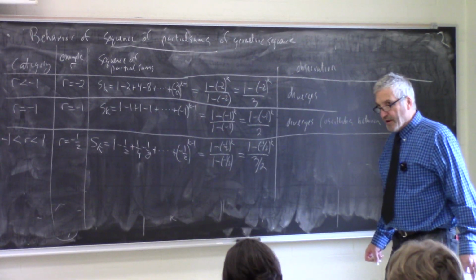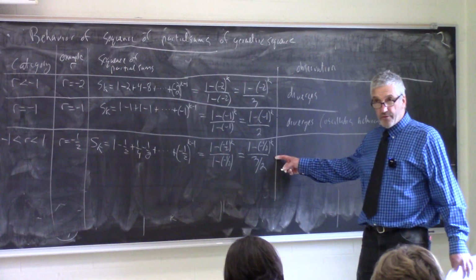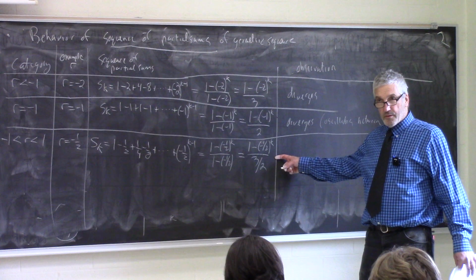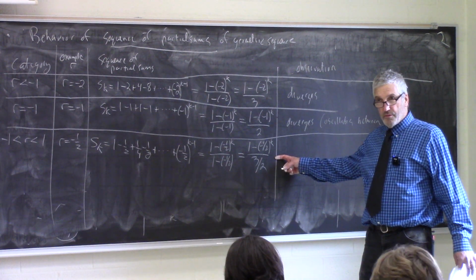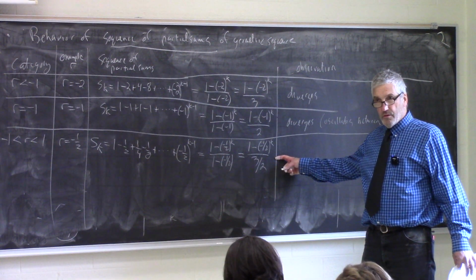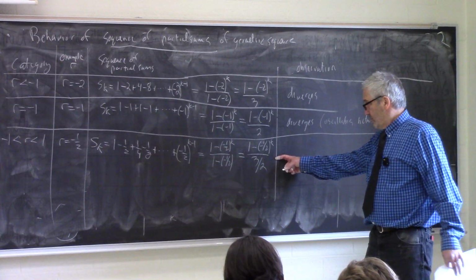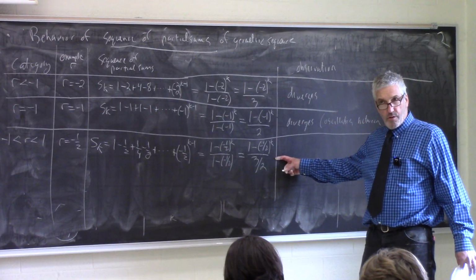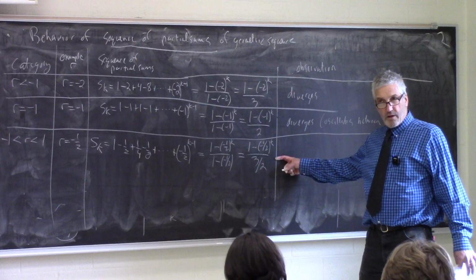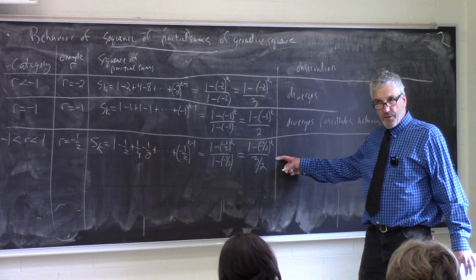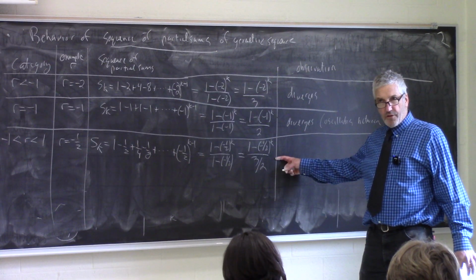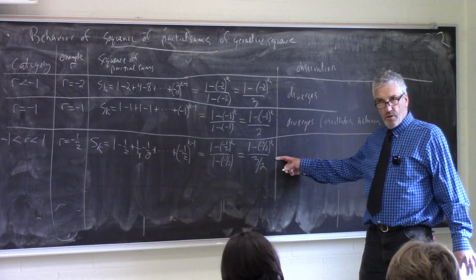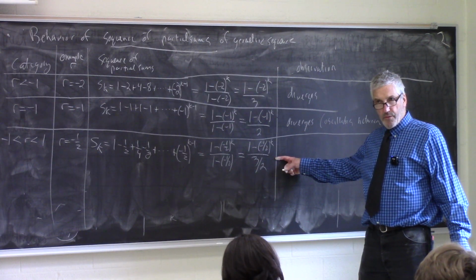Andrew, you're quiet today. What do you think? Does this sequence converge or diverge? Looks like it diverges. Why? When k gets bigger and bigger and bigger, what's happening to (-1/2)^k? I'm sorry, I was kind of zoned out.